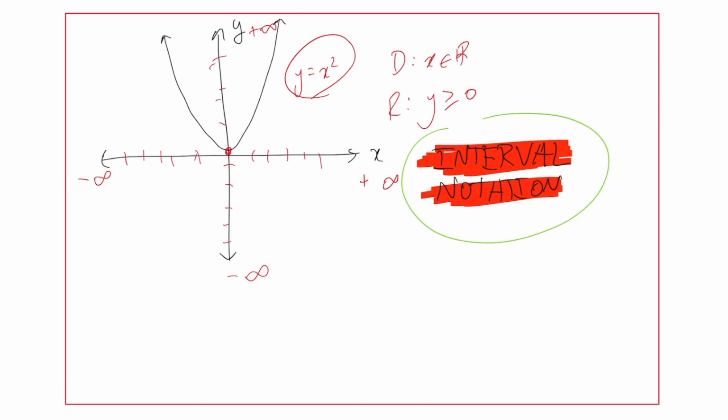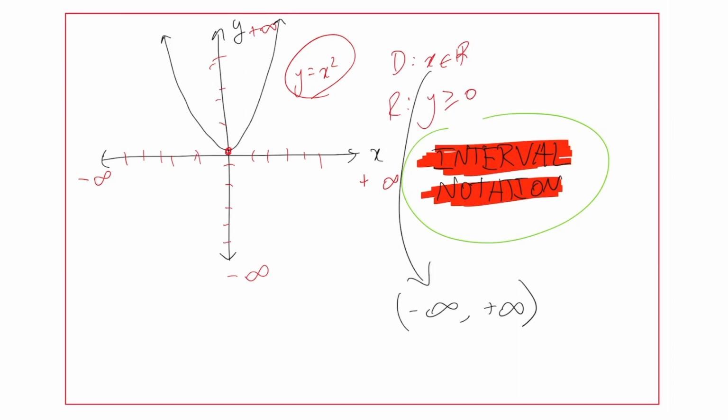From the word, we're going to deal with intervals on the x-axis for the domain and intervals on the y-axis for the range. Let's see here, all real numbers. How can we express that as an interval? Well, all real numbers on the x-axis basically means everything from negative infinity to positive infinity. So we would write that in interval notation, from negative infinity to positive infinity. Done. That's the domain in interval notation.